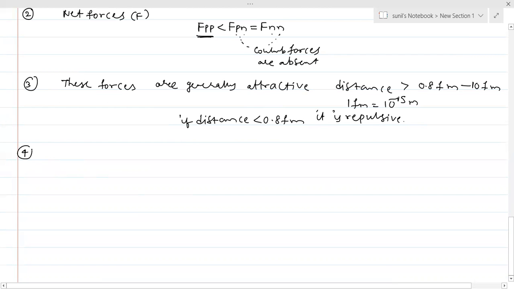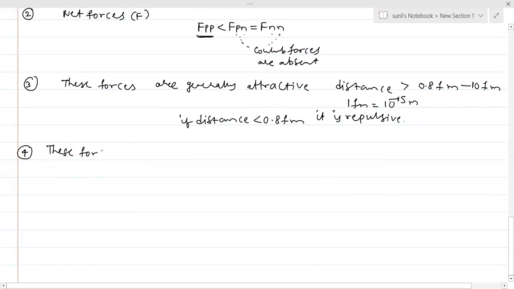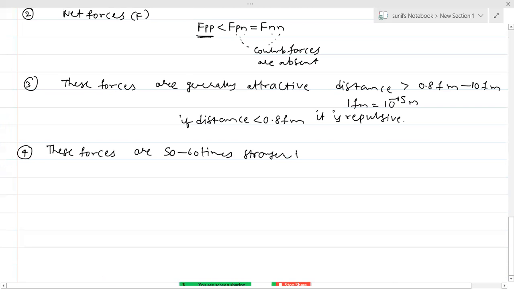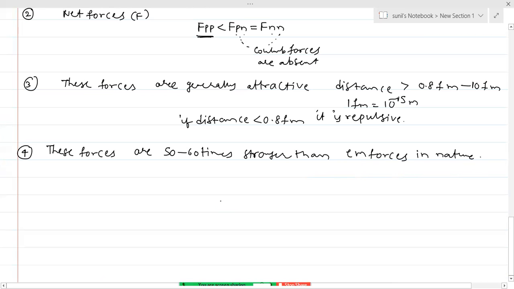And next, these forces are 50 to 60 times stronger than electromagnetic forces in nature. So that is Coulomb electric force or magnetic force.